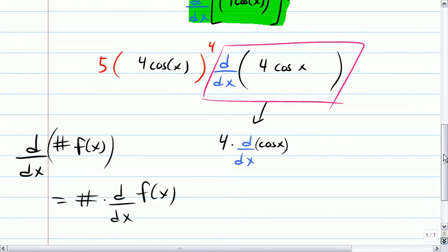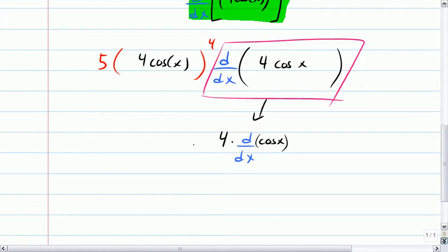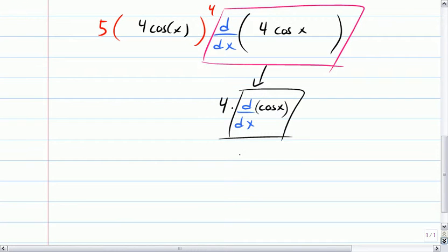So anyhow, we can back up here. Turns out that green thing is, well, we've got to do this. What's the derivative of cosine x? Negative sine x. So I'm going to write 4 times negative sine x as negative 4 sine x.